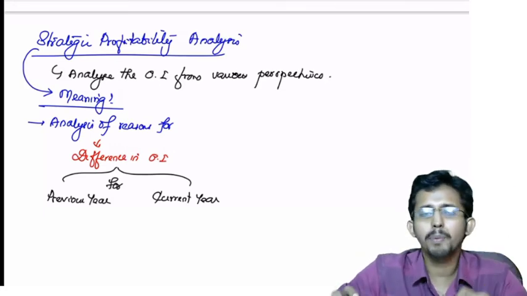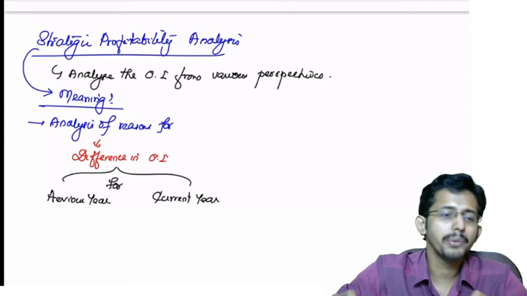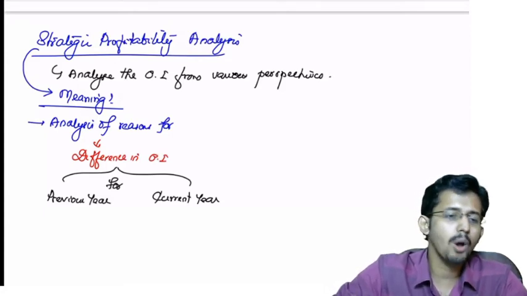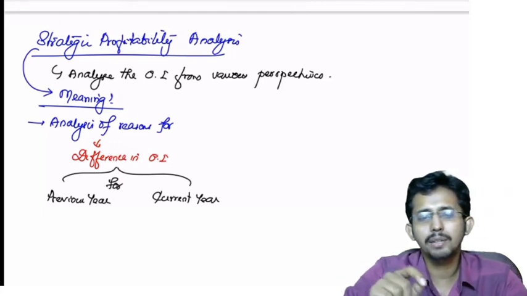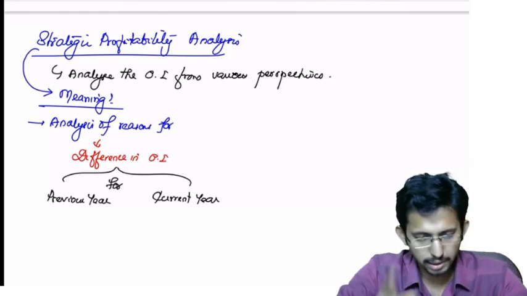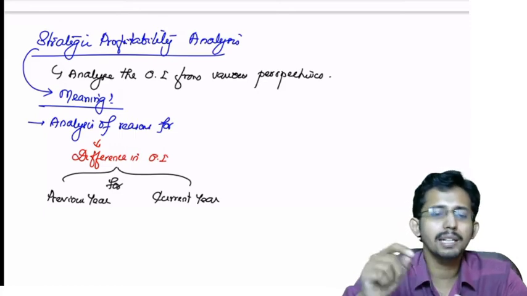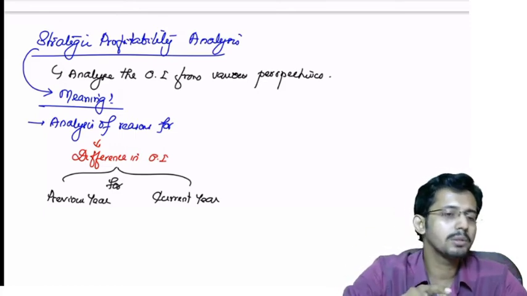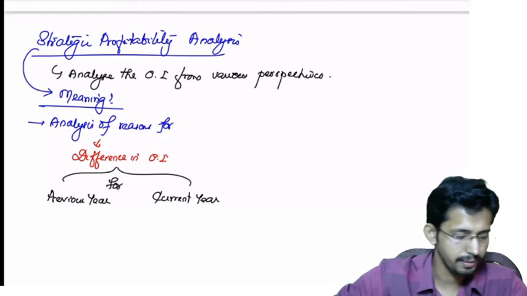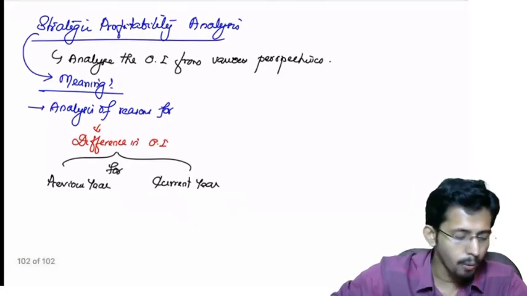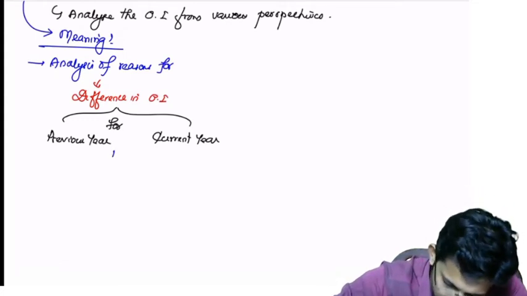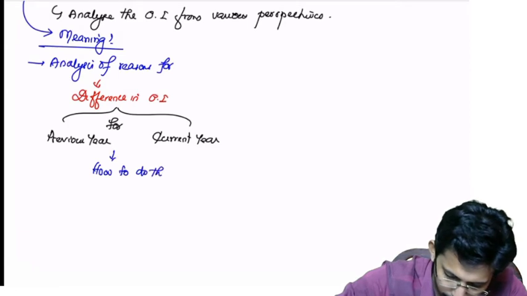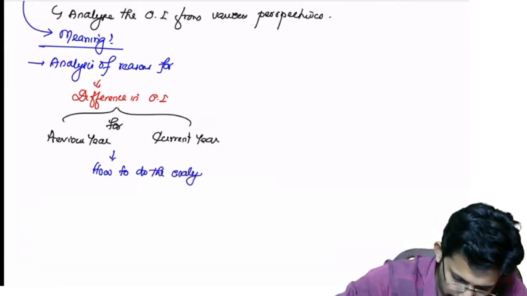So in strategic profit analysis, we analyze the reasons for the difference in operating income of the previous year as compared to the operating income for the current year, or just the reverse, the difference in the operating income of the current year as compared to the operating income for the previous year. Now how do you do the analysis?